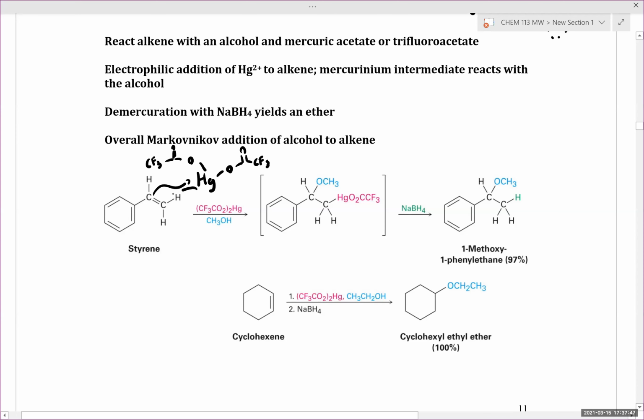The reason for that is your trifluoroacetate groups are extremely electron withdrawing. So mercury trifluoroacetate is commonly used in cases where you have a relatively unreactive alkene.